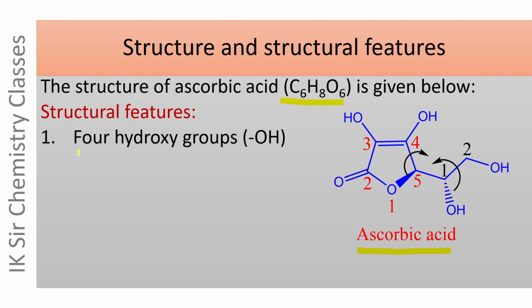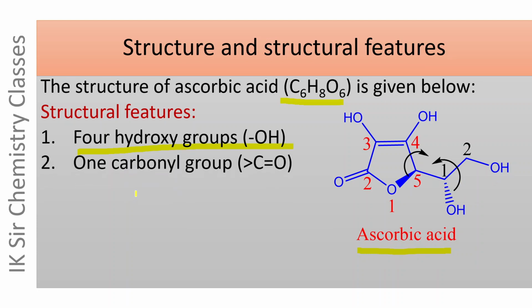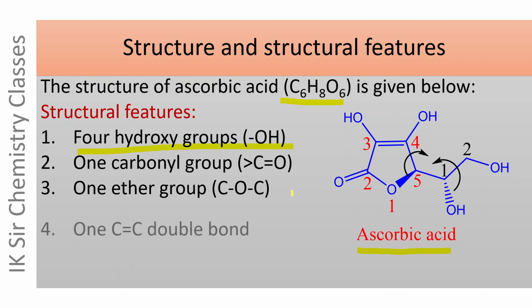It contains 4 hydroxy groups: 1, 2, 3, 4. 1 carbonyl group. This one is the carbonyl group. 1 ether group. This oxygen is attached to 2 carbon atoms and hence it is an ether group.